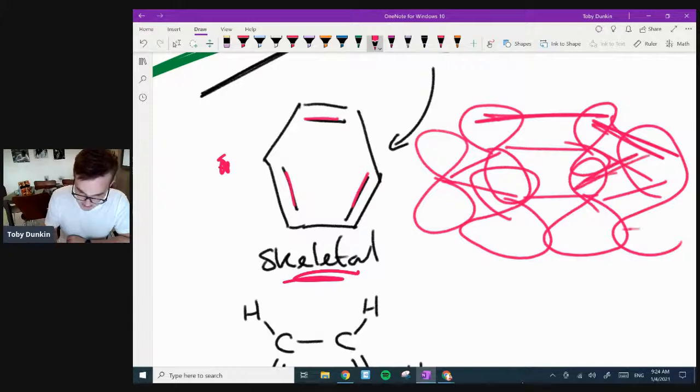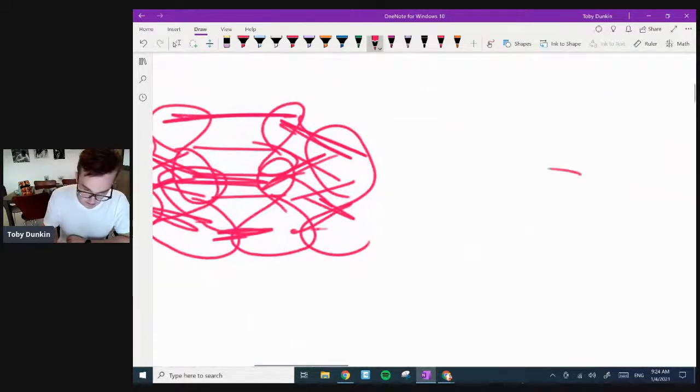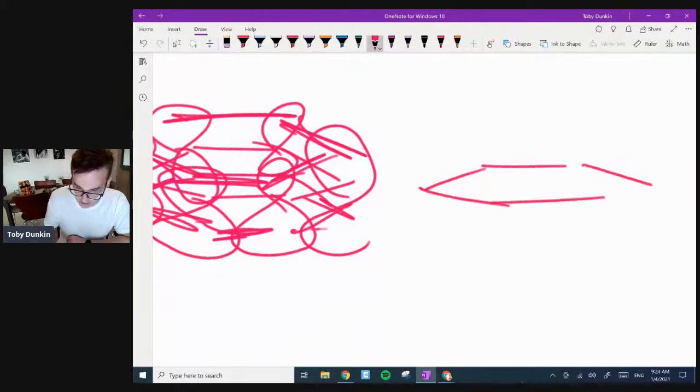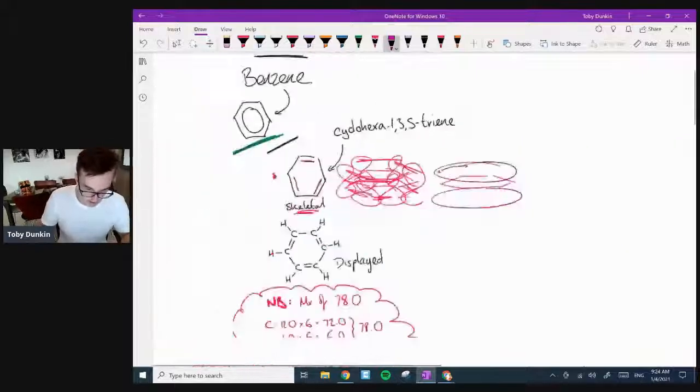We end up with this amazing delocalized system where the electrons can flow all the way around the ring. You can imagine the hexagon shape and a donut of electrons above and below the system, where the electrons can flow all the way around, providing it with additional stability.